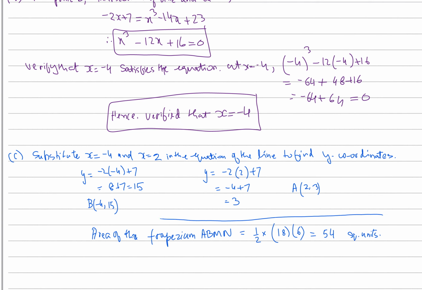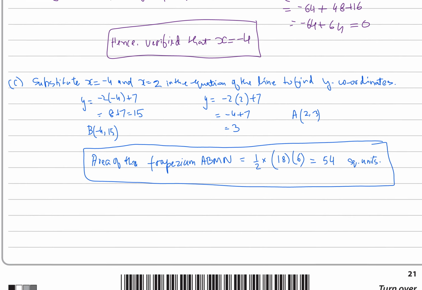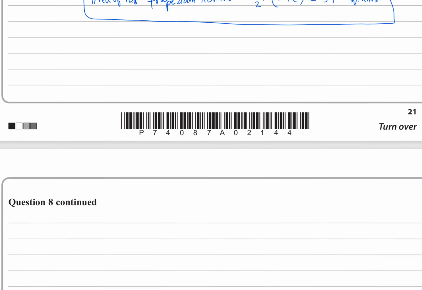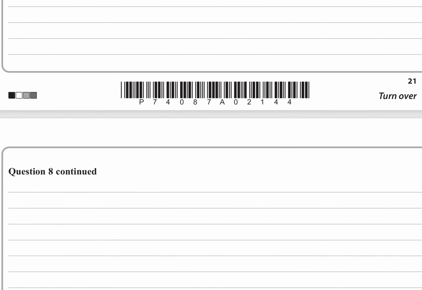We need to bear this in mind because we will need to take off this 54 from the area of the curve after integrating. So we need to take off the 54. Now to get on to our final bit, the integration bit, integrating the area of the curve.